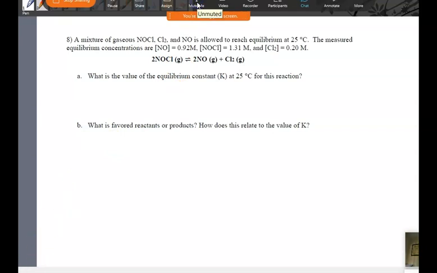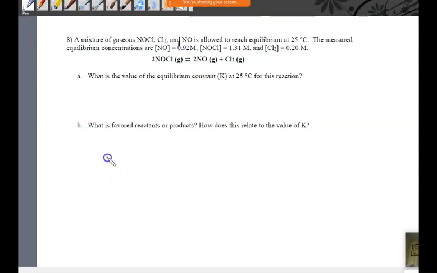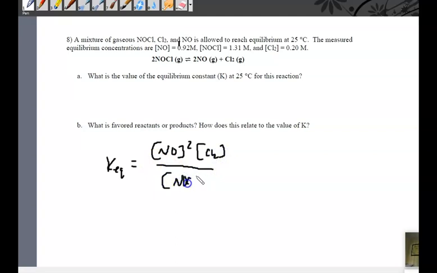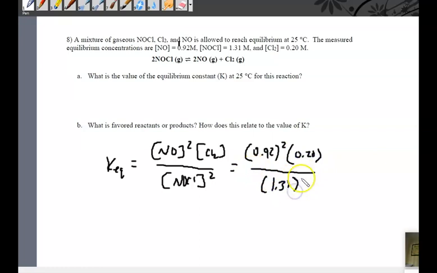All right, let's start back. Most of you are done. So the equilibrium constant, let's do that first. So the KEQ will be the amount of NO squared times Cl2 divided by NaCl squared. So that would be 0.92 squared times 0.20 divided by 1.31 squared. Get my calculator.